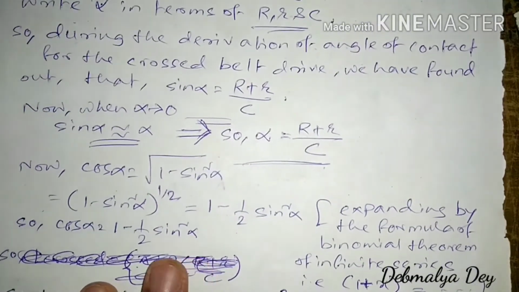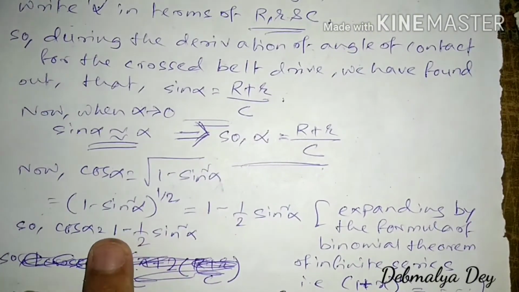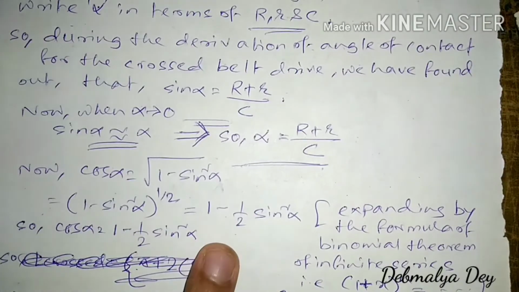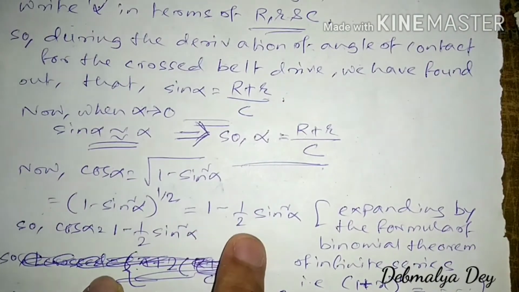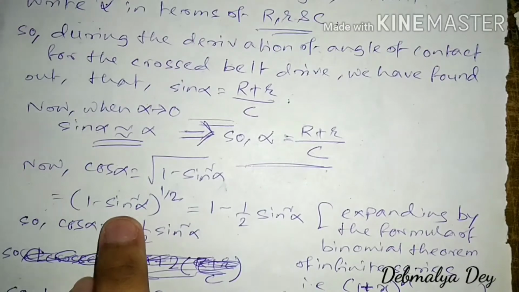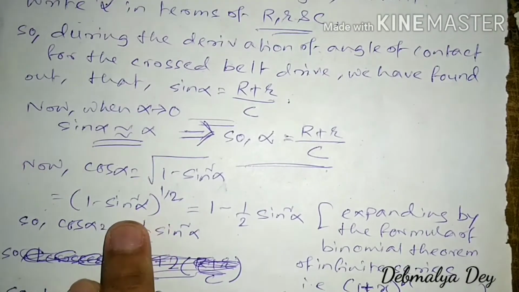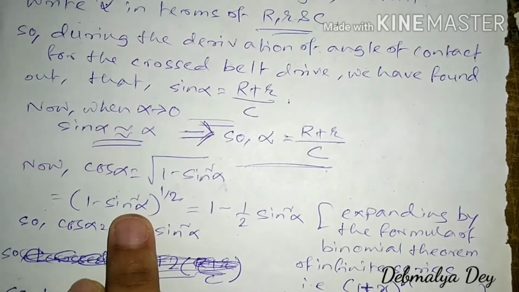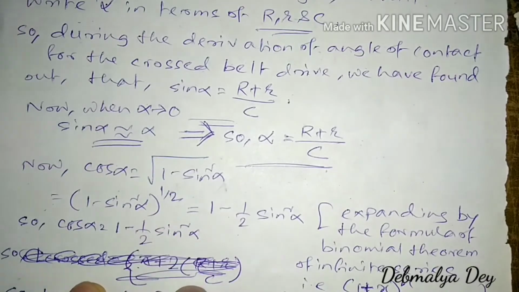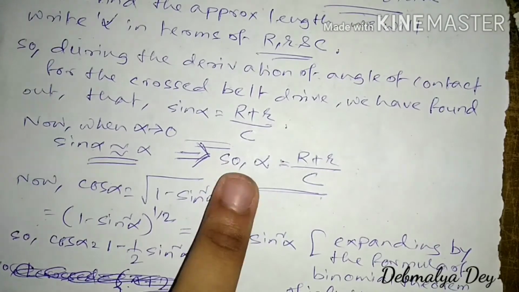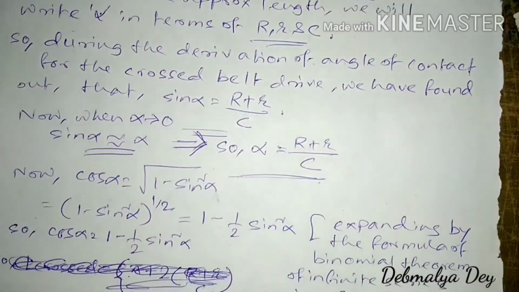So ultimately the value of cos alpha becomes 1 minus half sin square alpha. How did we get this? By expanding the term 1 minus sin square alpha to the power half with the formula of 1 minus x to the power n. So now this alpha equals R plus r by C.